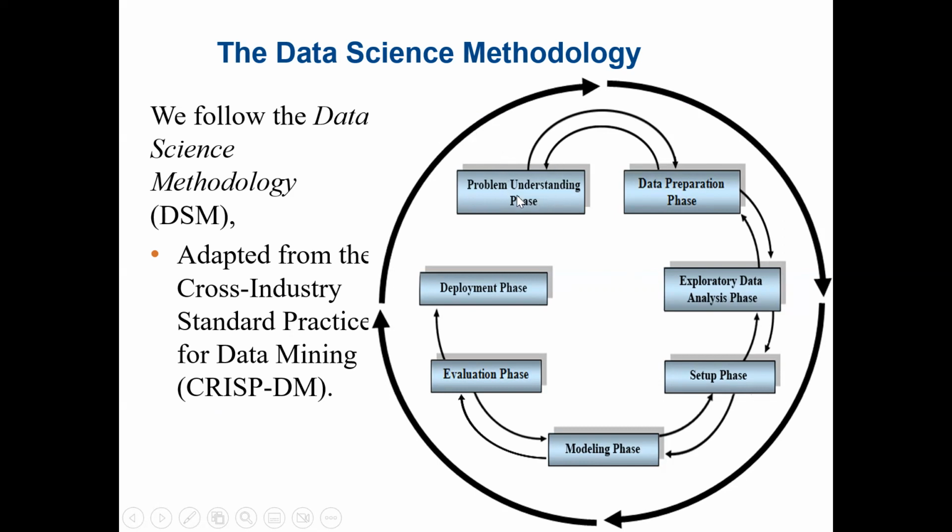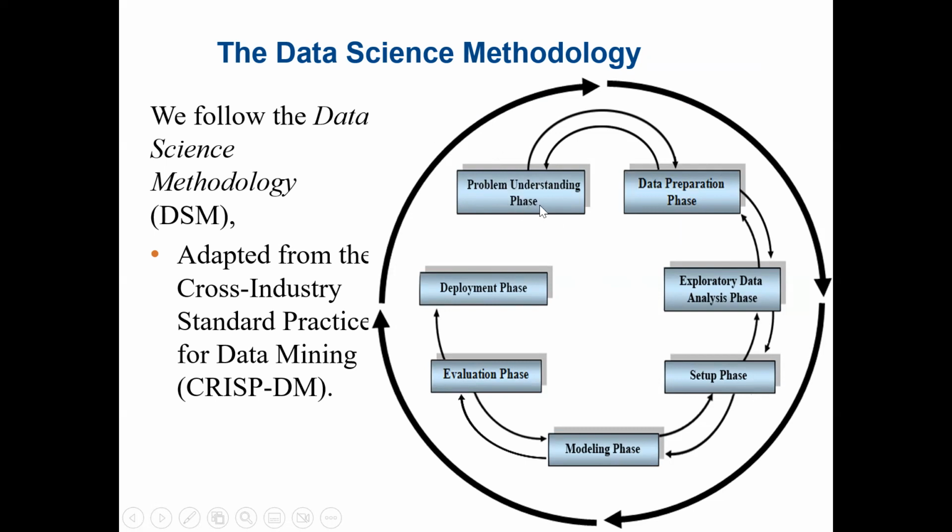This is where we are going to formulate our objective, what we really want to do, what the problem is. And we also need to know if the problem can be solved by using data science techniques. So first is our problem understanding phase, then the data preparation phase. Again, we are going to discuss each phase in detail in our next slides.